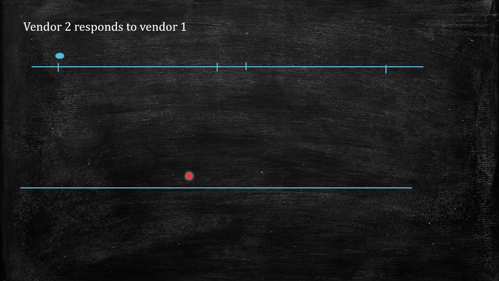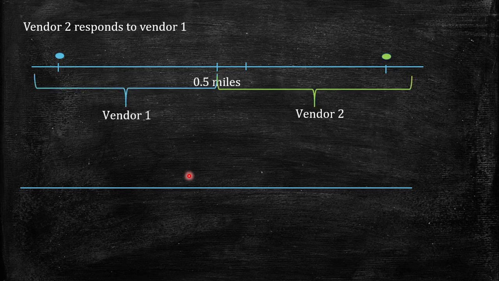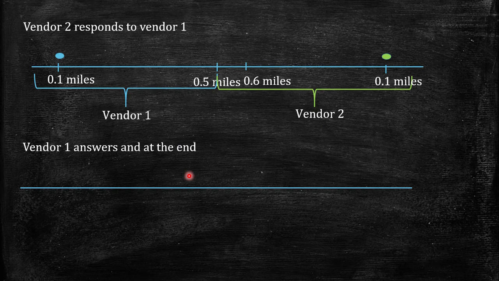Naturally, vendor 2 can respond to vendor 1, and then they will get this part and they will end with 50. Right? Then vendor 1 answers again, and they move one time to another.